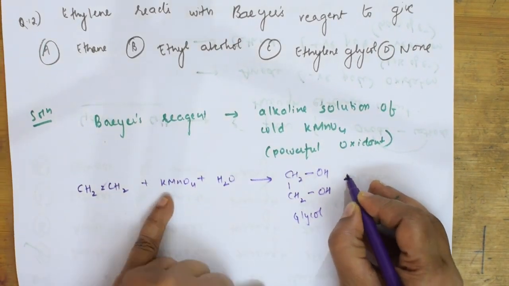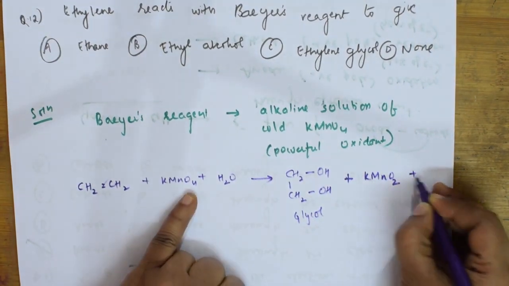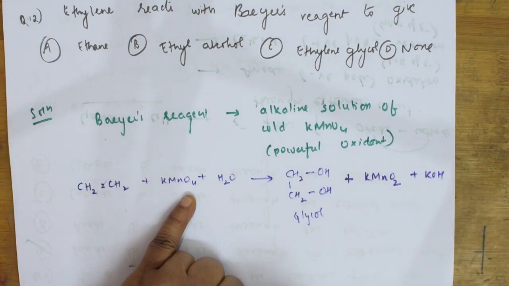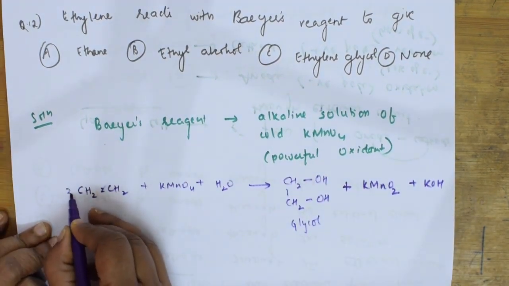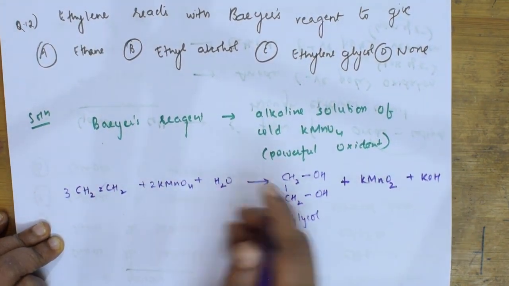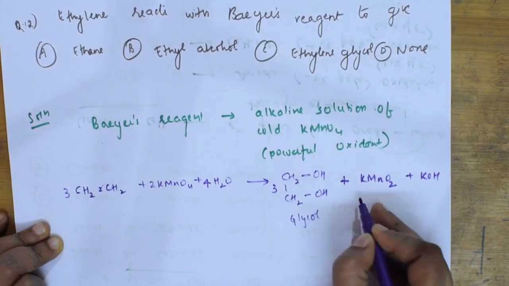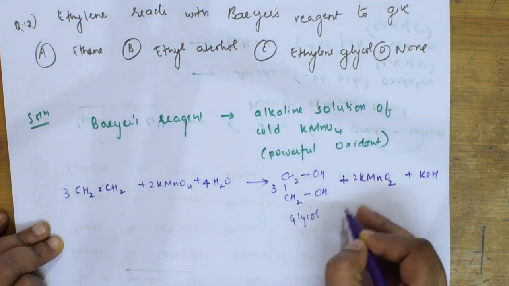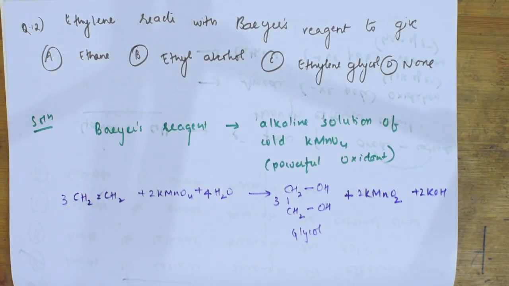Now what happened to KMnO4? It gets converted to MnO2 plus KOH. If I have to balance this, this becomes 3, this becomes 2, water becomes 4. So this also becomes 3, this becomes 2, this becomes 2. Right. So this is the reaction.